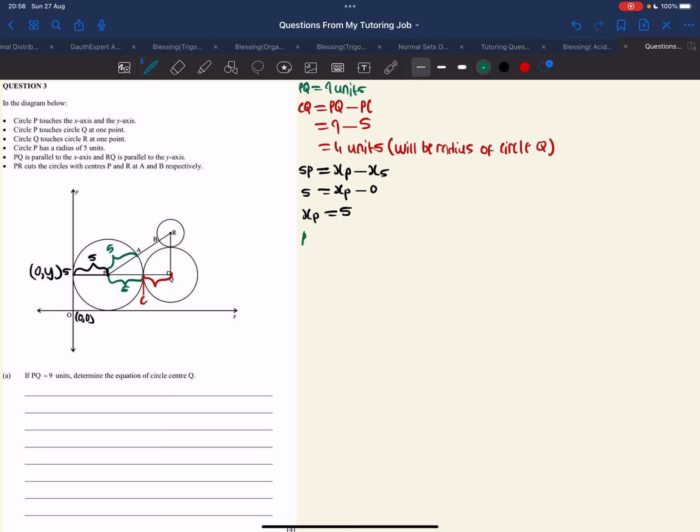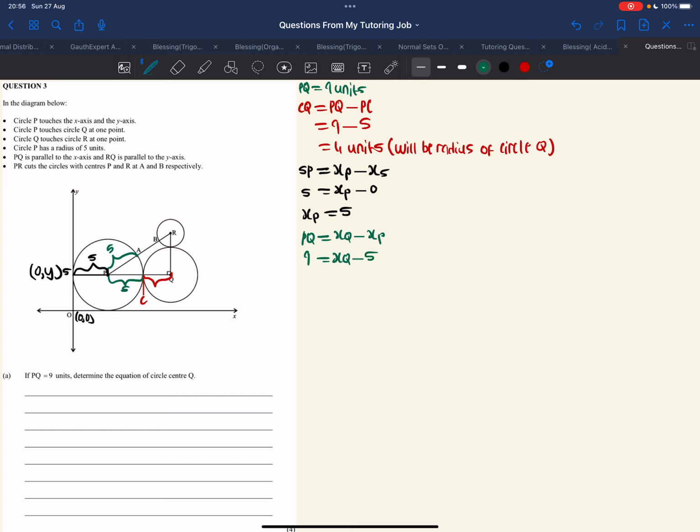Now remember PQ. If we wanted to calculate PQ, we were going to say XQ minus XP. And remember we are given that PQ is 9 units. XQ we don't know, and we just calculated that XP is 5.